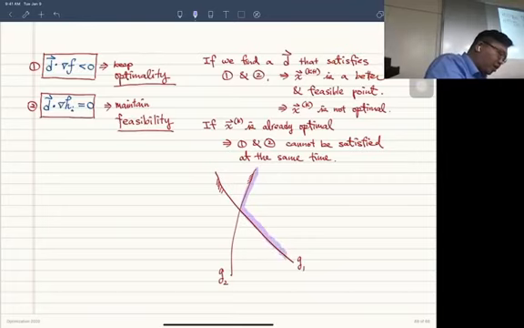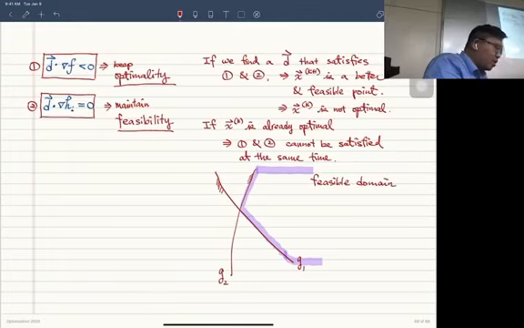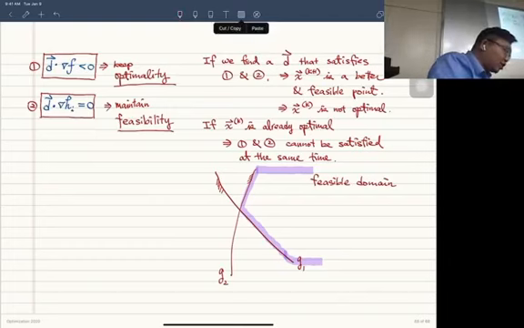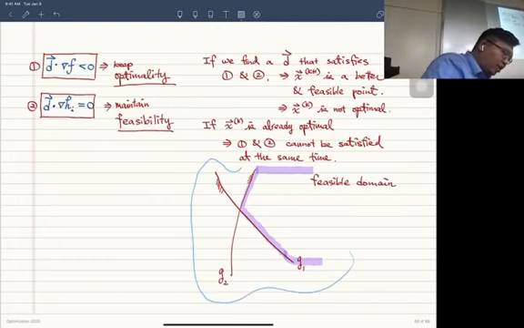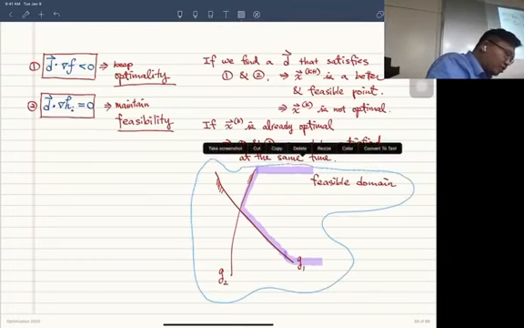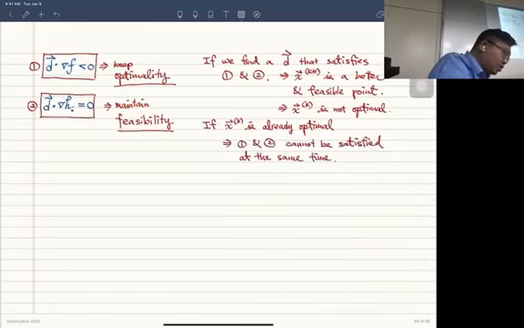This area. This right hand side is my feasible domain, right? Actually, we are talking about equality constraints, so I better make a different statement. Sorry, let me delete this.